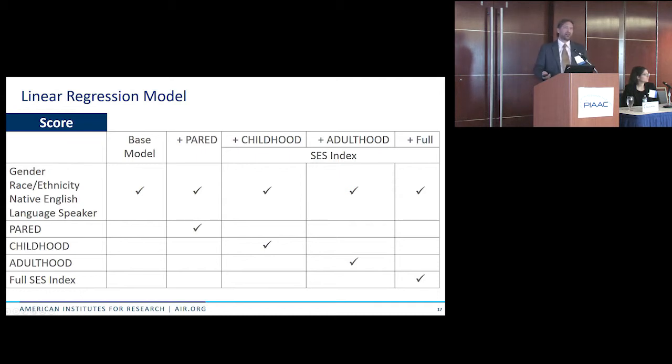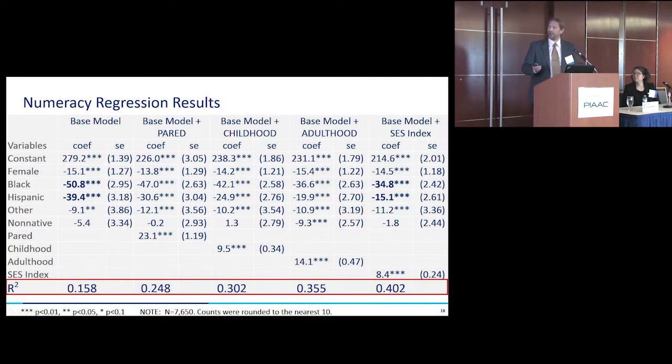Then we add parental education, which is normally used, to get a sense of how much of the skills gap is explained by this very limited SES proxy, and then we use our SES index instead to see how that comes out.